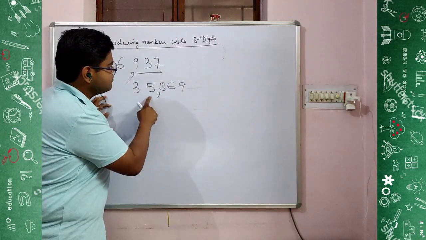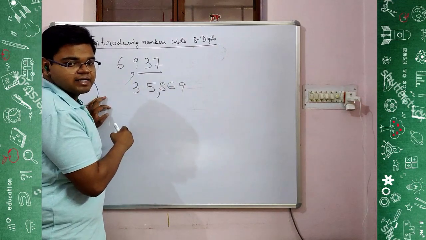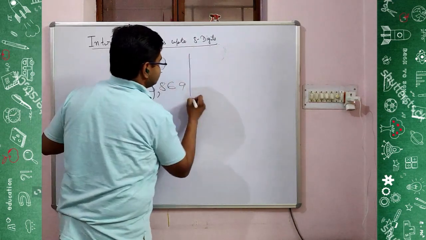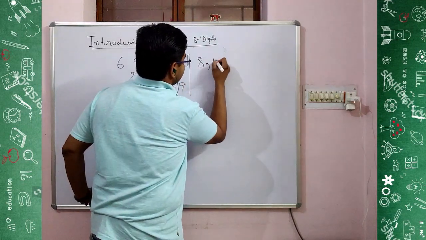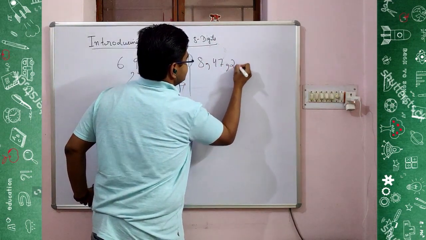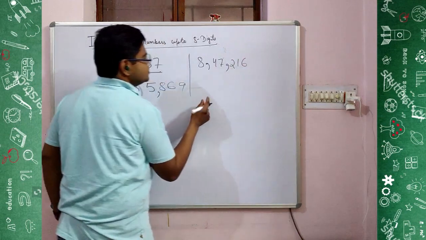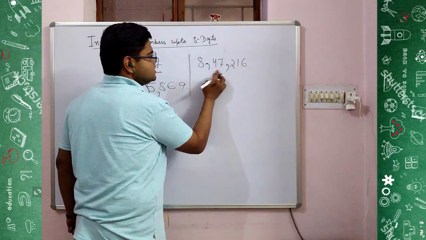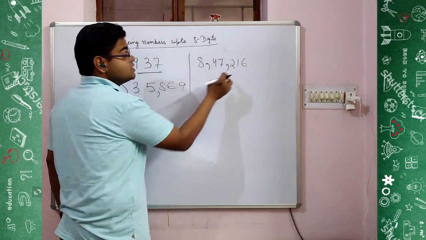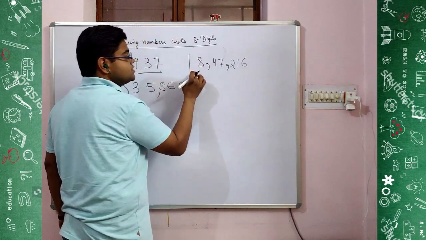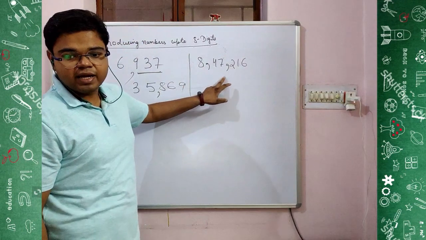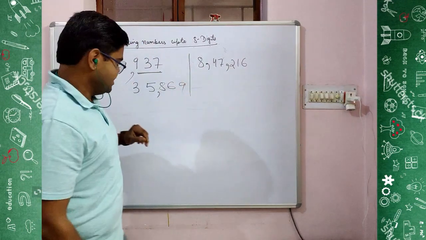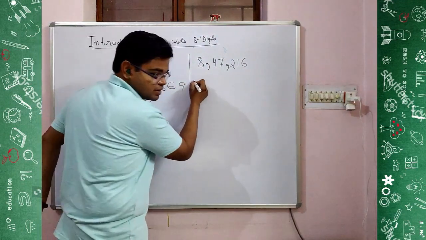So 35,869. If you look at some other number, 847216, this is your ones period, this is your thousands period, this is your lakhs period. So 8,47,216.